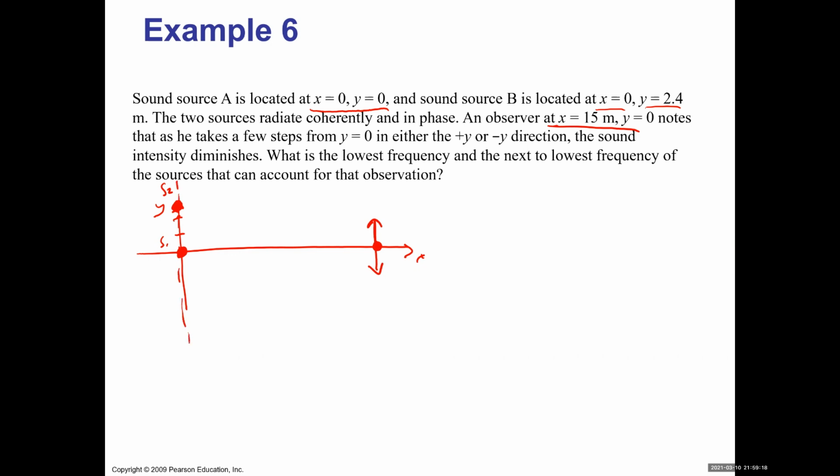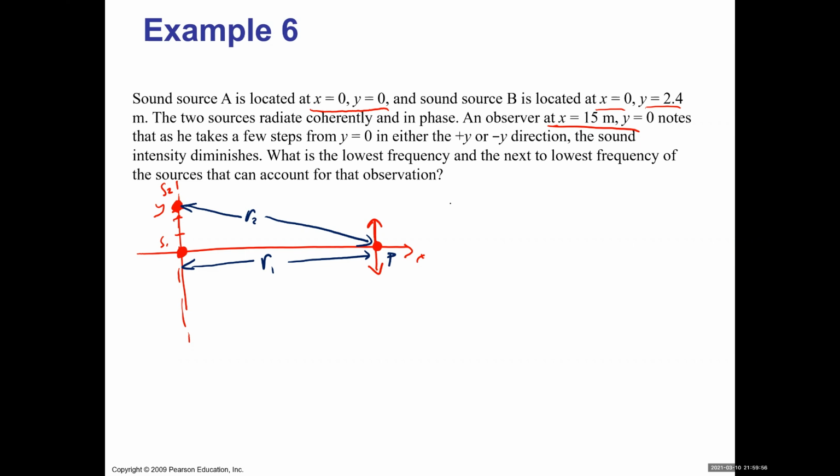So one thing we can do here is draw this, and let's call this R1 and another one R2. That's the distance from source 1 to this point P, and from source 2 to that point P.